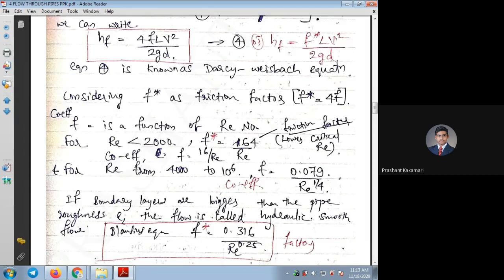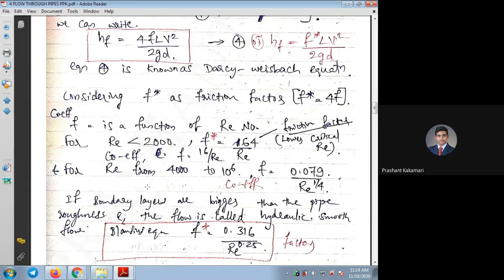Or with the coefficient of friction, if you want to find it out, as I told you, the friction factor is 4 times the coefficient of friction. So if you want to write it in terms of the coefficient of friction f, you can divide that equation by 4. If I divide, I can write it as 16 by Re.